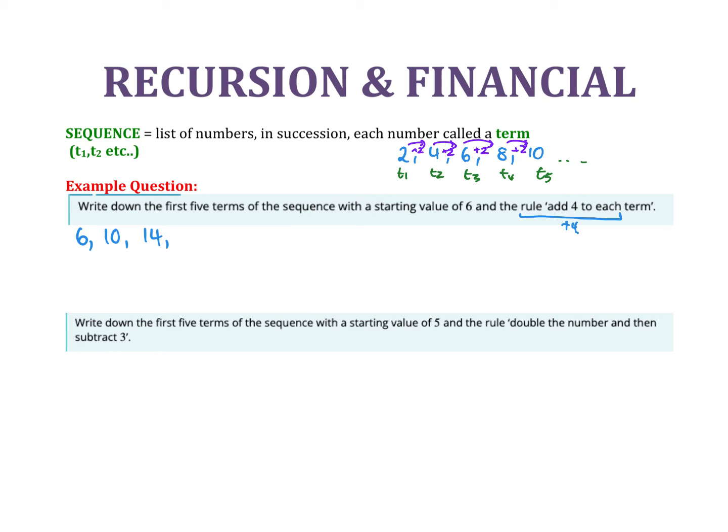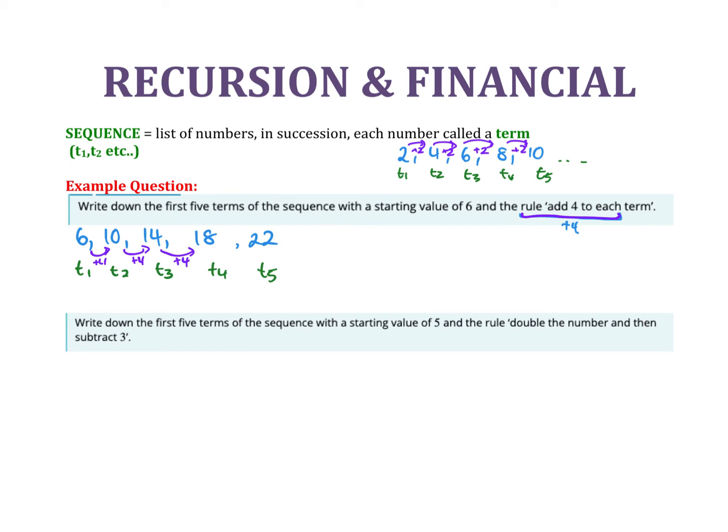Now they want the first 5 terms, so I'm up to T1, T2, T3, T4, T5. We'll keep going. We're adding 4, so we get up to 18, and then 22.